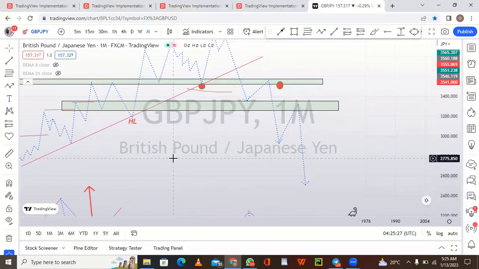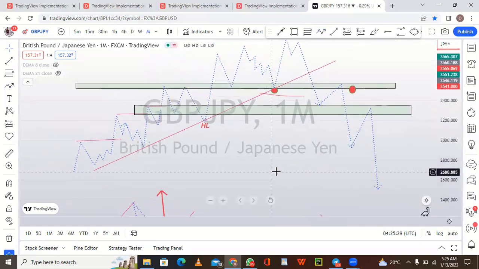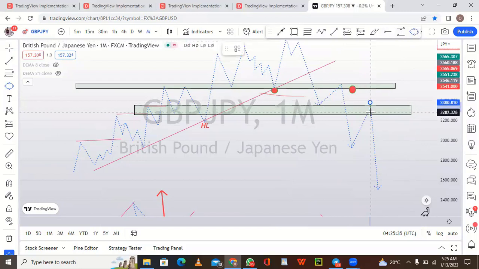So these are important levels where you want to make entries into the market from. Like I said, your POIs could be your support, your trend line, your Fibonacci level, or your support and resistance.